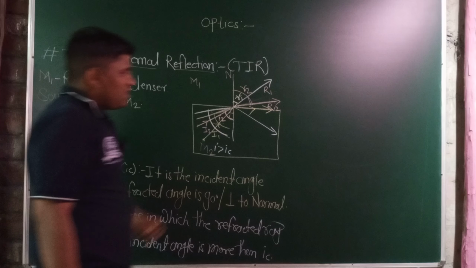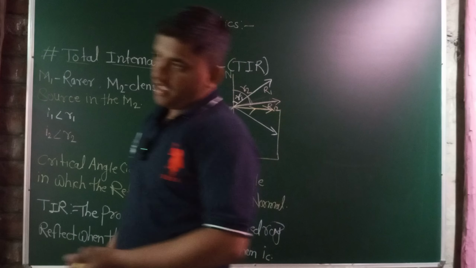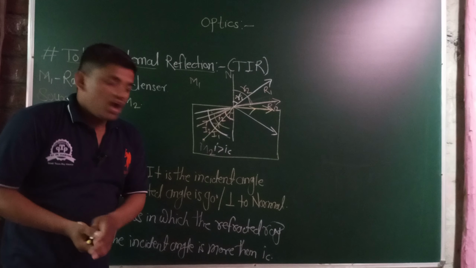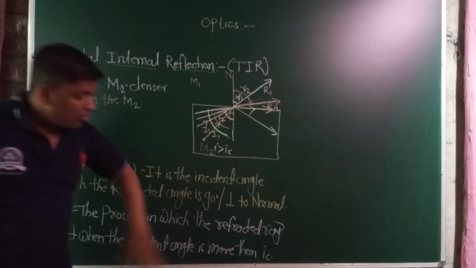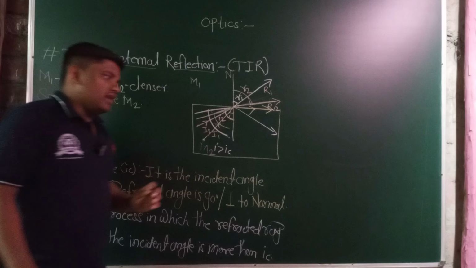Or the refracted ray comes completely into the same medium as the incident ray. This process, after increasing the incident angle beyond the critical angle, is known as total internal reflection.